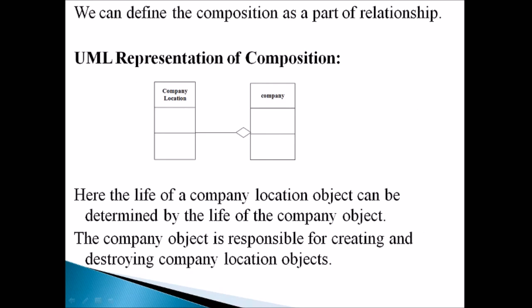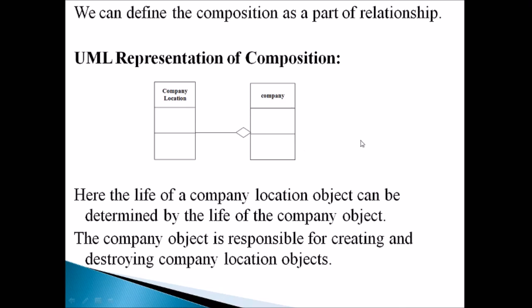As we know, composition is a part-of relationship. We have discussed composition in the types of relationship. Here the UML representation of composition is given. Company location is here, and company is given here. Company location depends upon the company.